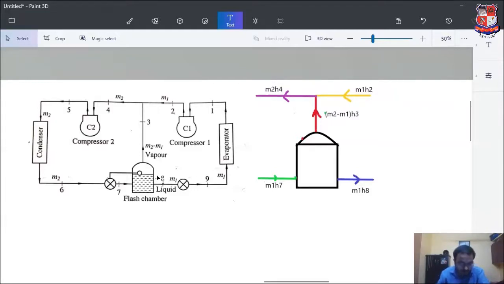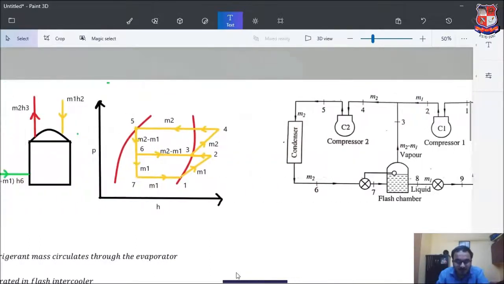Now we are ready to draw the pH diagram. So let me utilize this.